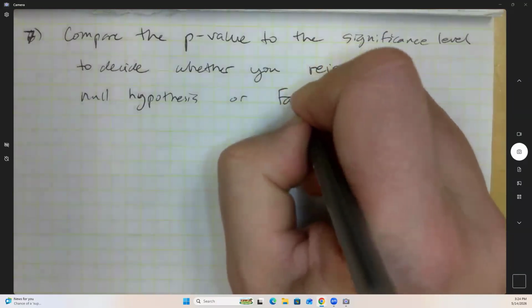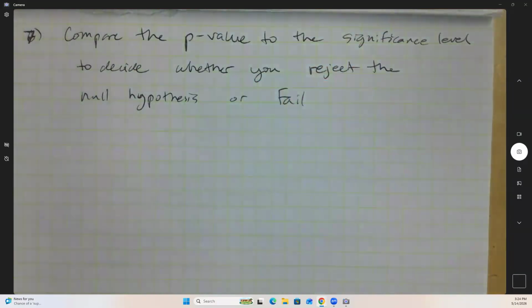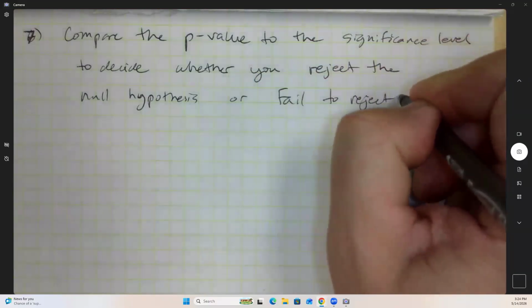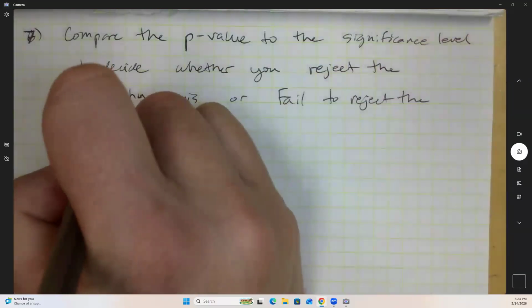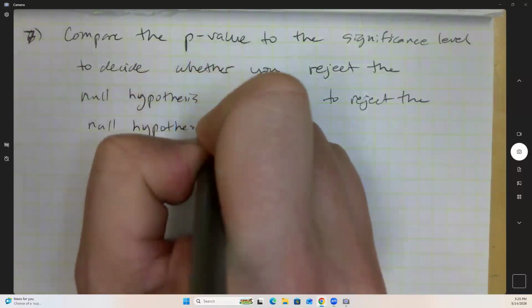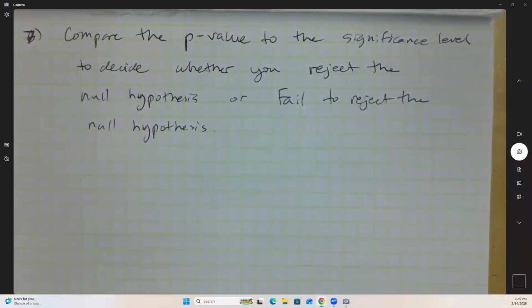Or, and again, this is a statistical formality. Instead of accepting the null hypothesis, we say we failed to reject the null hypothesis. Because in statistics, there's always a chance. So instead of saying definitely I reject the null, or definitely I accept the null hypothesis, we say, well, I can't reject it yet.